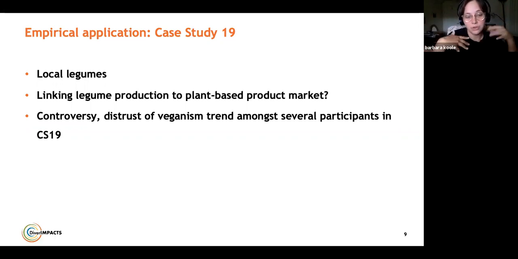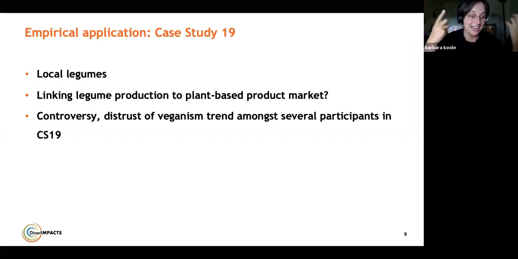a very much growing plant-based product market in Sweden and a rising trend of veganism in Sweden. And it was quite a logical combination in the head of the project management to make this link, to see this as a big opportunity for the project to maybe link to this plant-based product market.